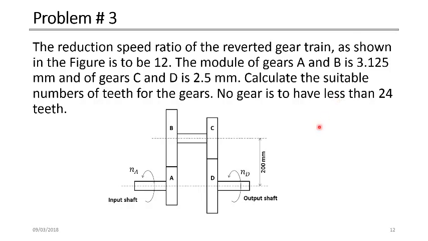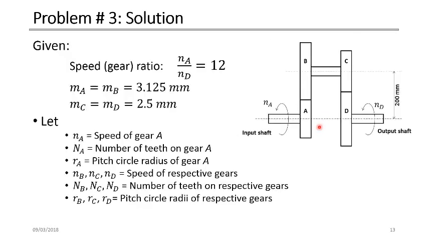So how can we start to solve this problem? What is given here: the speed or gear ratio is NA, the speed of the input shaft, divided by ND, the speed of the output shaft, equal to 12. The module MA is equal to the module MB, which is 3.125 millimeter.